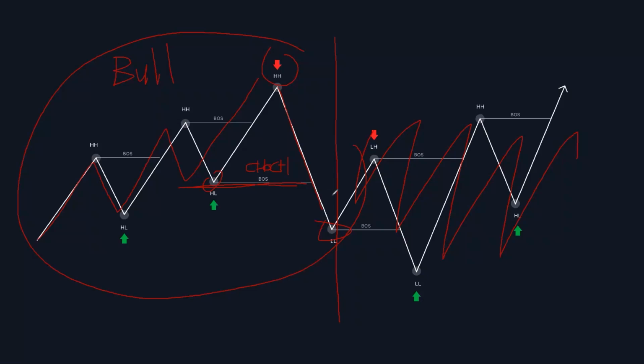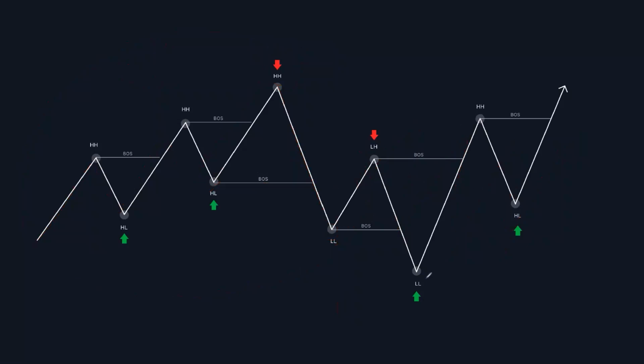So technically we don't have a bearish market structure until we get to this point, because we get a break of structure here with a lower low, lower high. At this point we can say the market is in a bearish market structure. So from bullish it turns bearish. Then at this point, when you take out this high, we don't have a bullish market structure until we reach here.